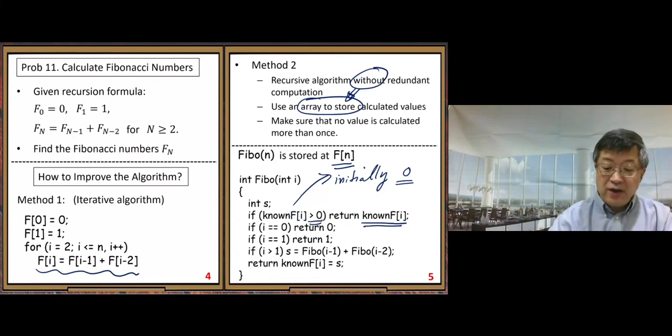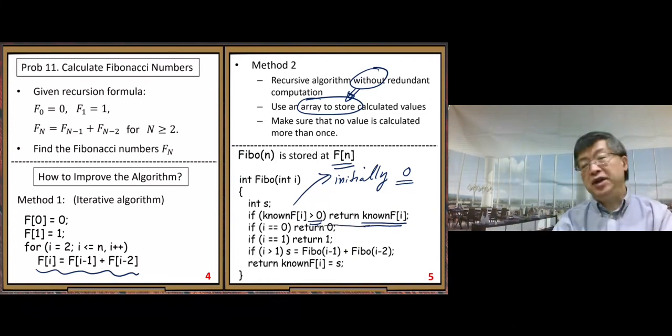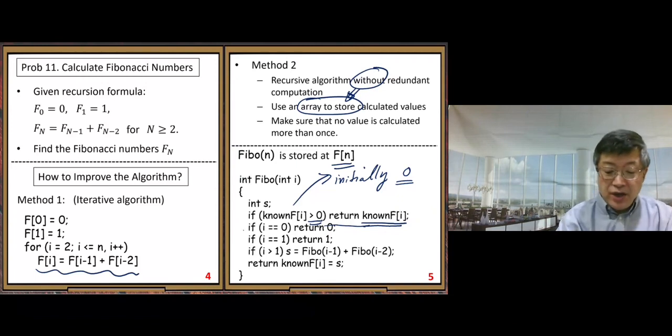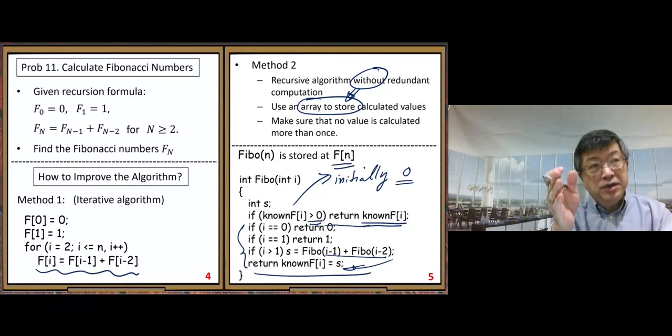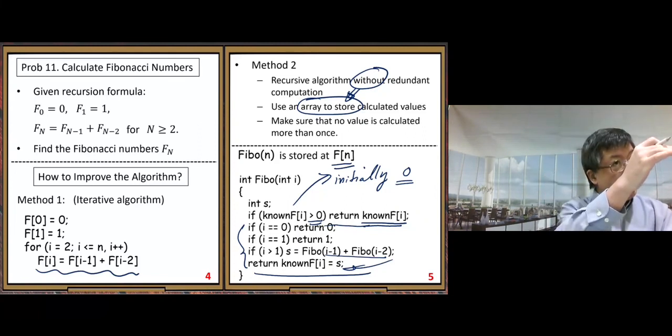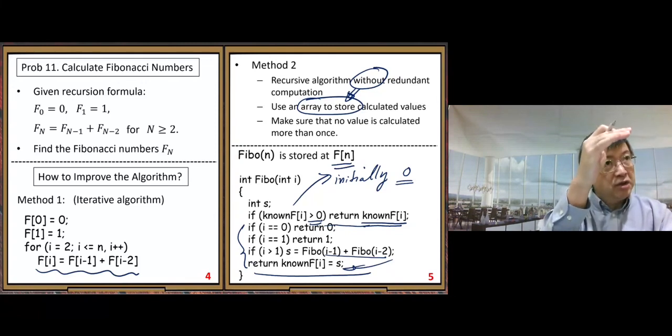Here you check: if it's greater than 0, you just return the value. No new calculation. Otherwise, you do the calculation, the recursive function call. You can still do the recursive function call, but this method guarantees each Fibonacci number is calculated only once, no more than once.